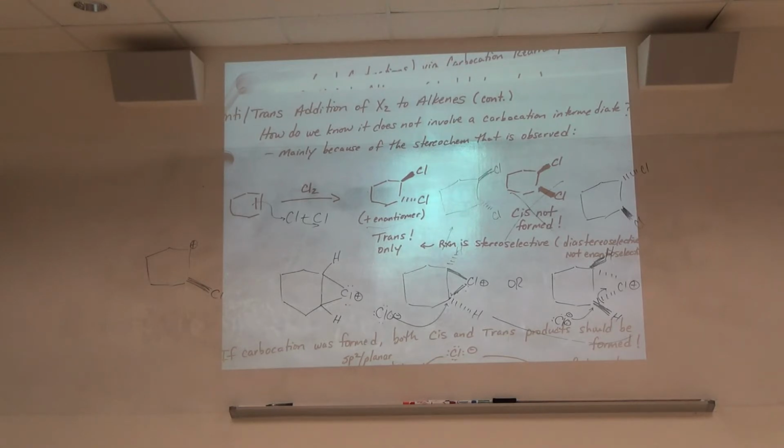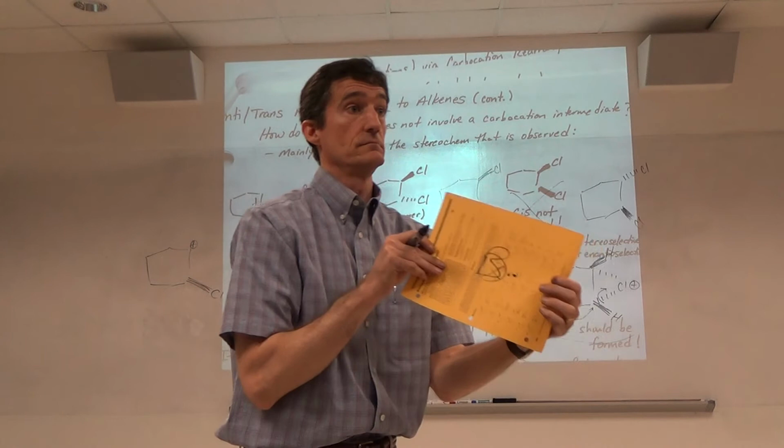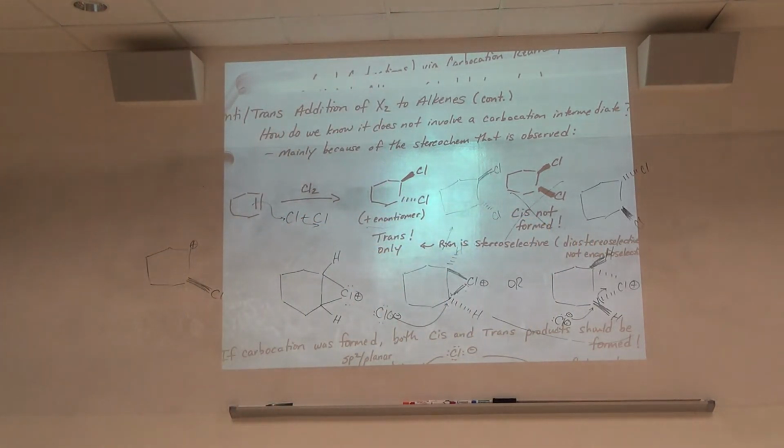How do you attack a carbocation? Either side. Huh? That's just sitting there. Okay? If I told you to punch this paper, which side would you punch? I mean, if you had 100 gazillion papers in here and they're all presented to you, which side would you punch? You punch whatever side was presented to you.